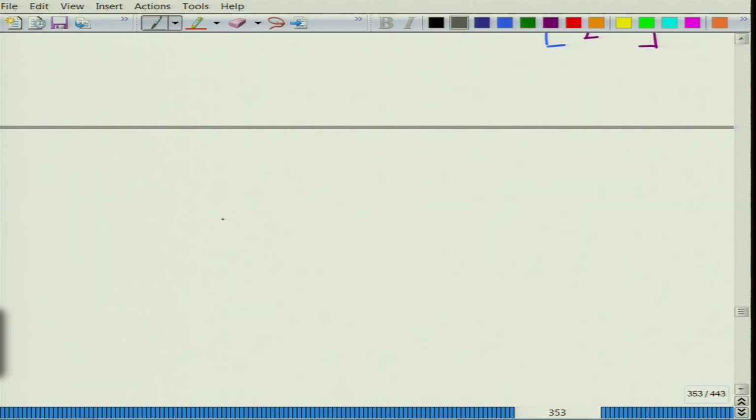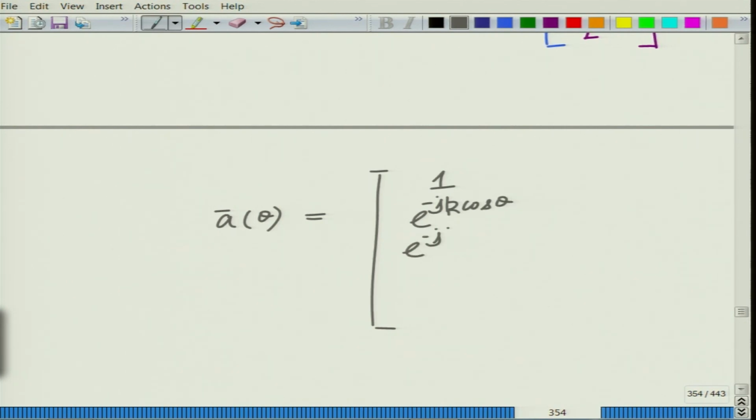It has a graded, constant phase offset of e^{-jk cosθ} with respect to the previous element: 1, e^{-jk cosθ}, e^{-j2k cosθ}, up to e^{-j(L-1)k cosθ}.